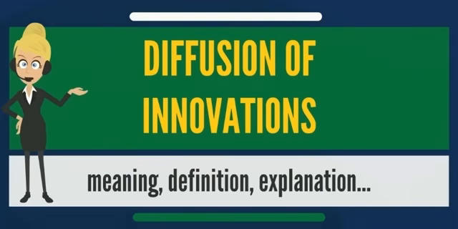The concept of diffusion was first studied by the French sociologist Gabriel Tarde in the late 19th century and by German and Austrian anthropologists and geographers such as Friedrich Ratzel and Leo Frobenius. The study of diffusion of innovations took off in the subfield of rural sociology in the Midwestern United States in the 1920s and 1930s.